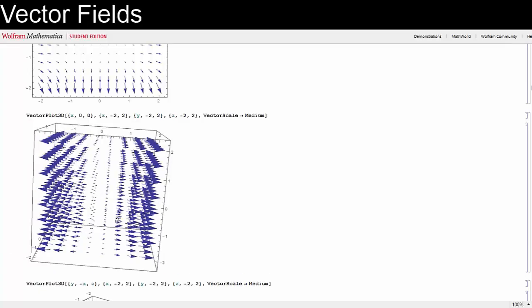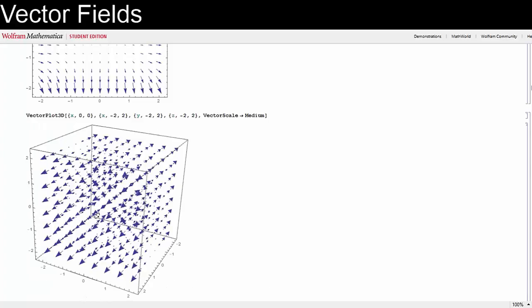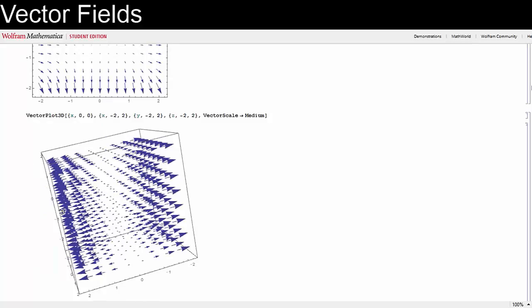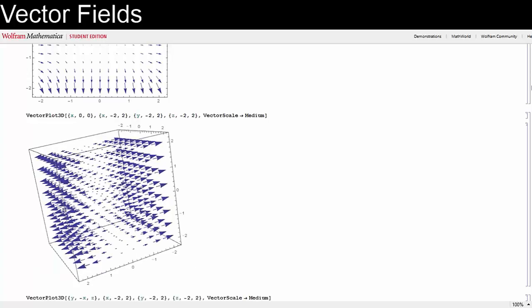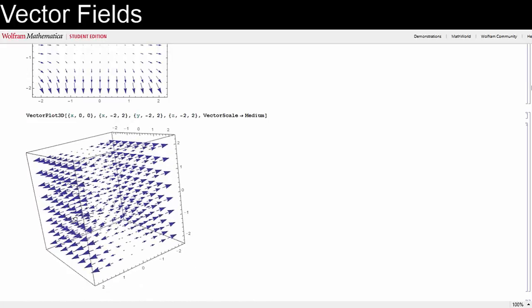So if we put it to the normal where we have x coming towards us, as we often draw things, you can see there's a bunch of arrows that are coming towards us and they're getting larger and larger. And then there's the ones in the back that, as x is getting more and more negative, they're pointing the opposite way and getting bigger and bigger. Right? You can see that here. They're kind of small in the middle and really big on the outside here.